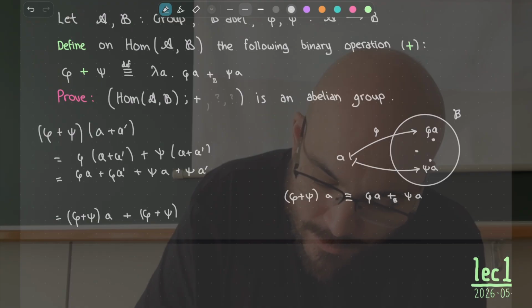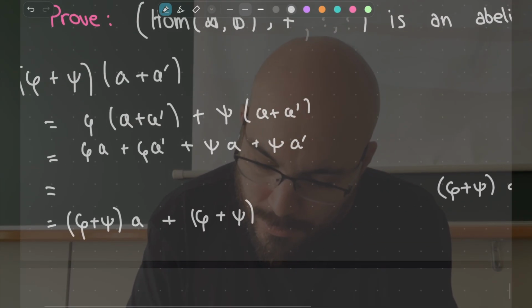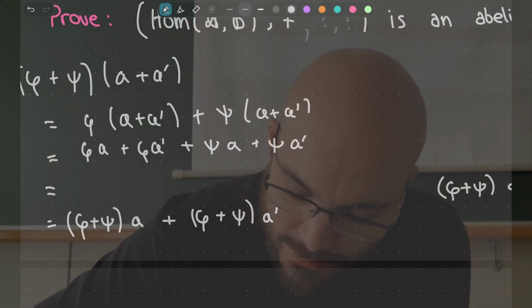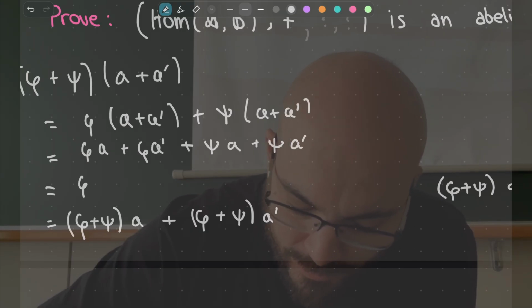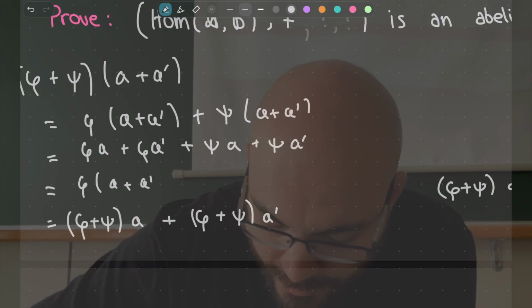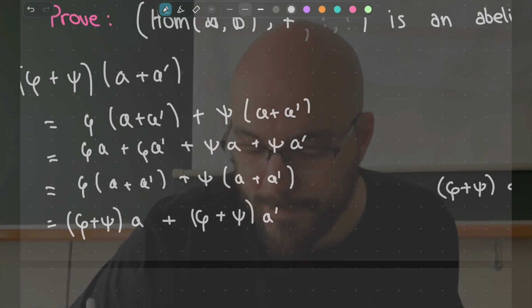You're missing an A prime there. Yeah, probably. Where? The last one. You're right. Oh, yeah, thank you. So this is phi of A plus A prime plus psi A plus A prime.